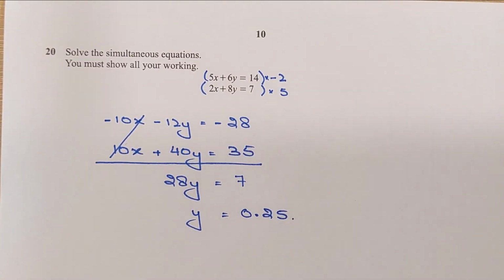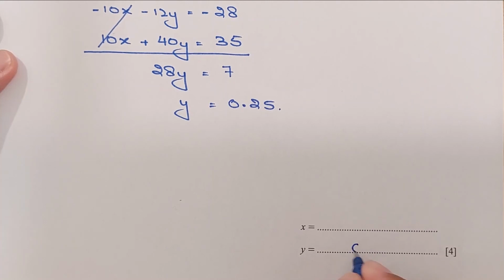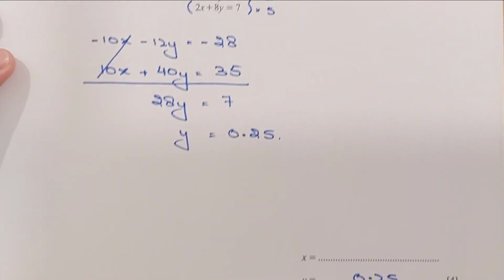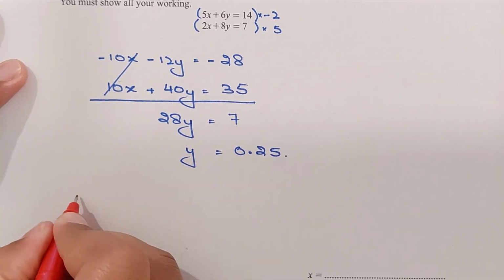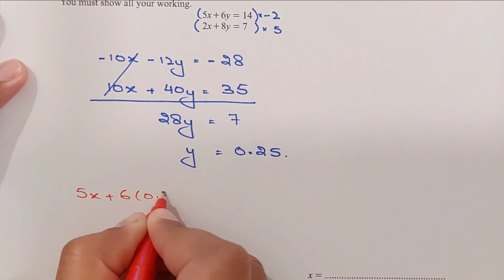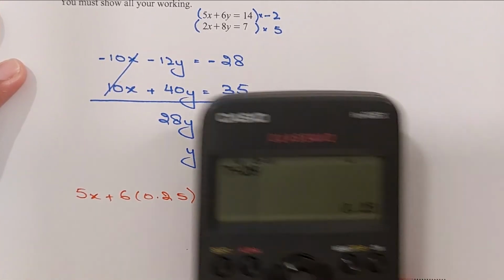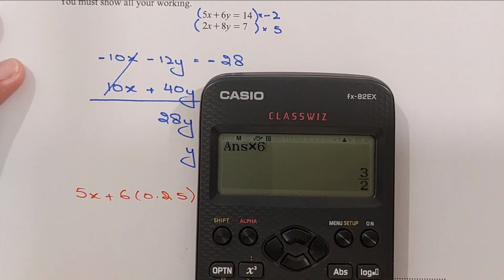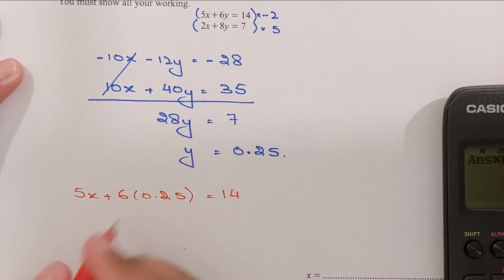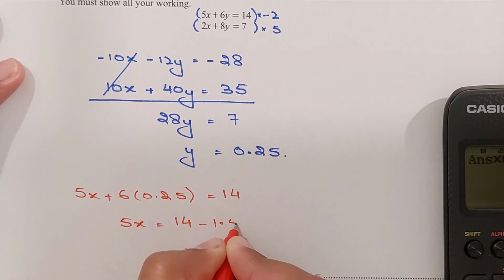Right, let me substitute the y value into the first equation or second to get x. Right, now let's do it for x. Let me put it into the first equation. We have 5x plus 6 times 0.25 equals 14. Right, 6 times 0.25, we have 1.5. 5x equals 14 minus 1.5.